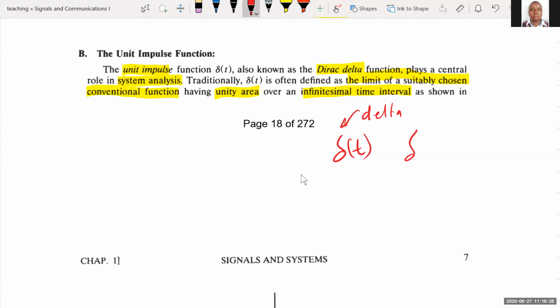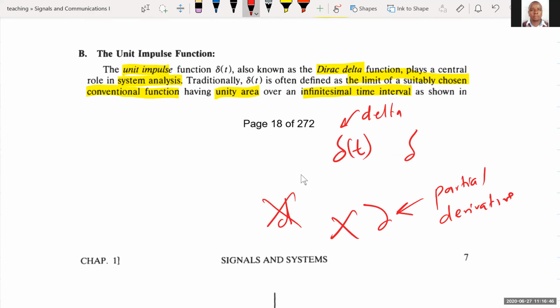It is not that, because you normally use this one for partial derivative. So this is not that one. It is not d, but rather it is just that symbol that takes that shape. It's a Greek letter called delta.